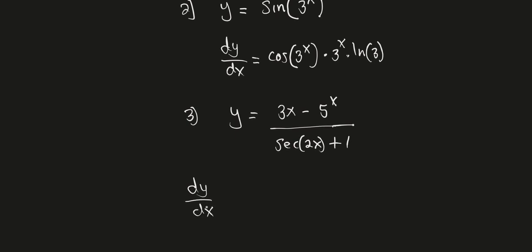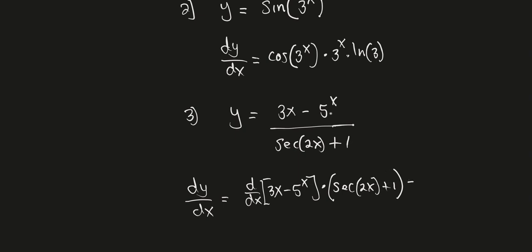So dy dx. Well, the big picture is that this is a quotient, right? So the quotient rule says, in fact, let me write down what the quotient rule says. We have to take the derivative of the numerator, and then times the denominator. And again, the denominator is a binomial. It has two terms, so I'm going to put that in parentheses.